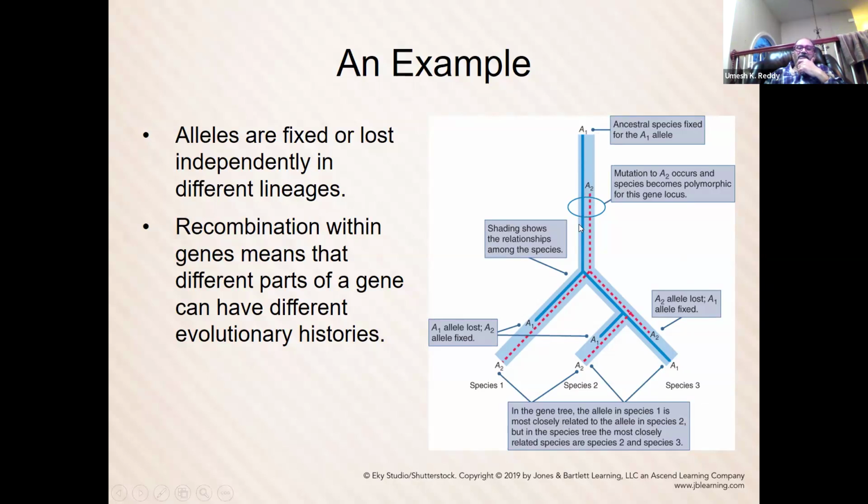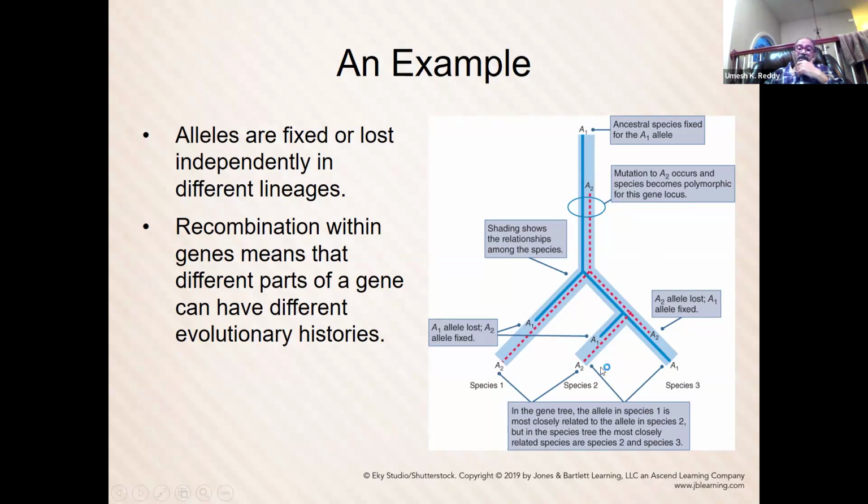In one species it could end up with the A2 allele. In another species, it could also end up with the A2 allele. And in one species, it can be the A1 allele. So based on that, we cannot say that these two species are together just because they share the same alleles. It would wrongly say species 1 is different from species 2 and species 3.